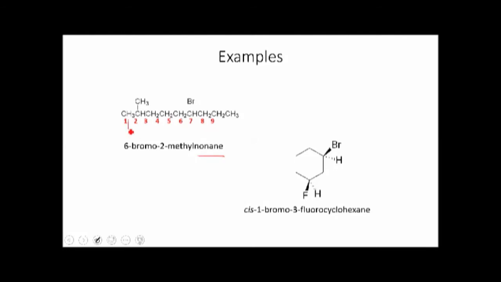Again, the numbering is a bit wrong here: 1, 2, 3, 4, 5, 6, 7, 8, and 9. The location is like that.